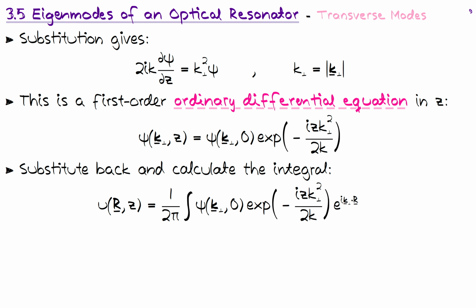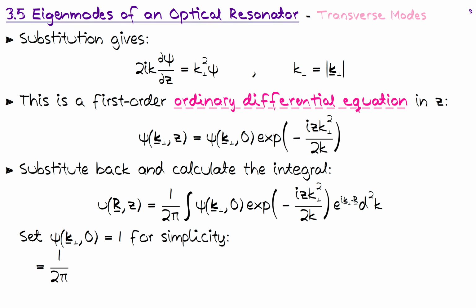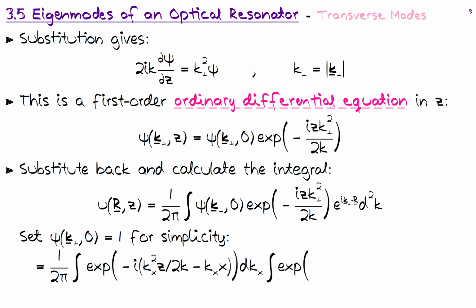And now we can set for simplicity that at the plane z equals 0, we have unity amplitude for the field, and then we have this kind of integral. We note that these are even separable integrals, so we can write them as two separate integrals of this form.